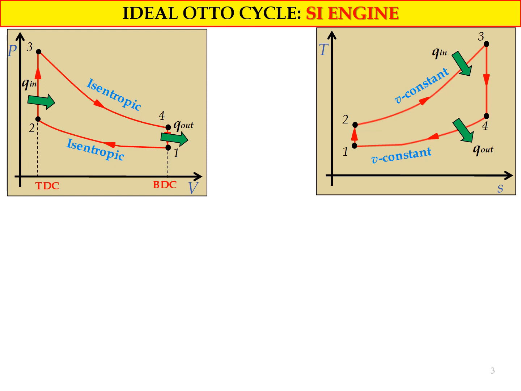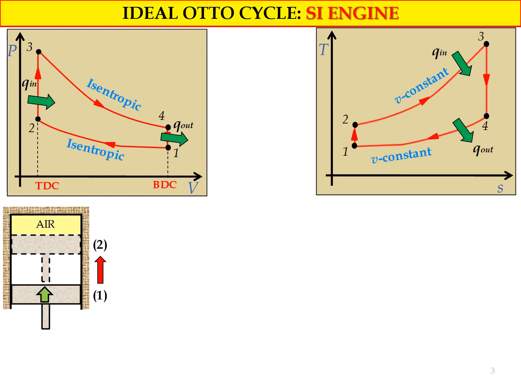Okay, now in order to visualize each process in the Otto cycle, we need to consider a piston cylinder device, a simplified piston cylinder device as shown in the figure. This schematic diagram is already simplified based on the air standard assumption, where we assume that the air is circulated in a closed loop.